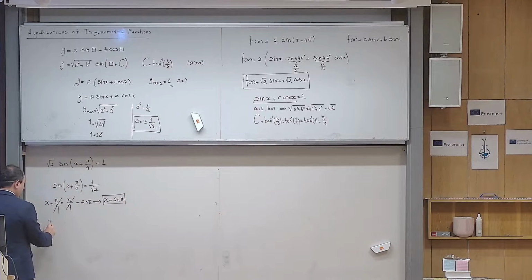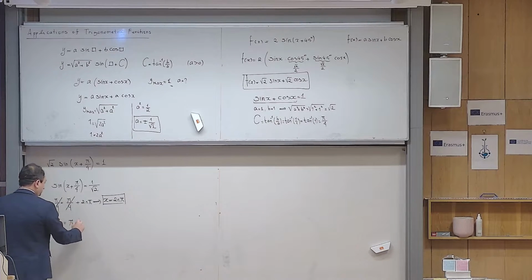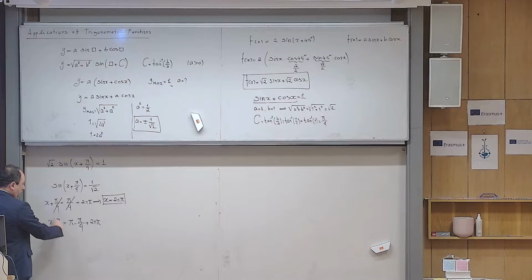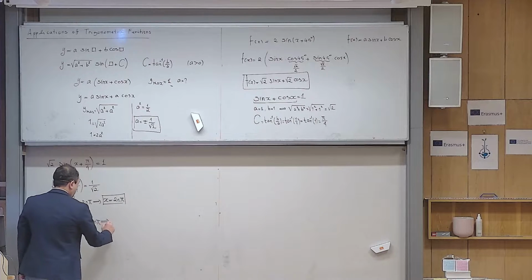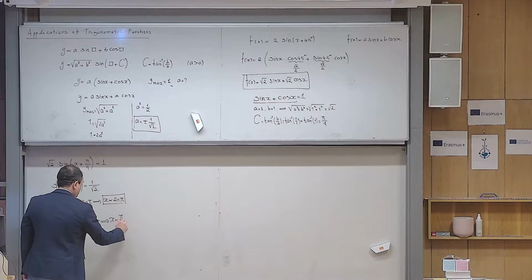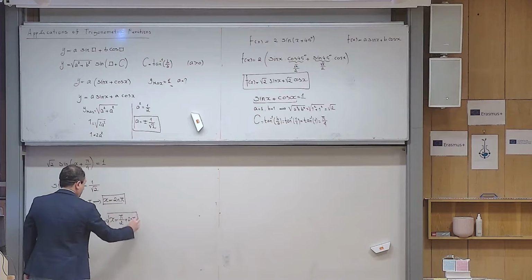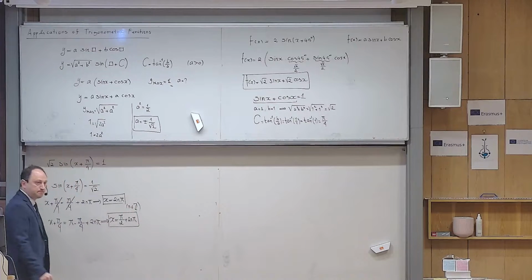The other scenario is that x plus pi over 4 is equal to pi minus this number, then plus 2n pi, and then I move pi over 4 to the other side. It becomes pi minus pi over 2, it becomes pi over 2. So x becomes pi over 2 plus 2n pi. So these are my solutions, and of course n belongs to the integers. Yes?